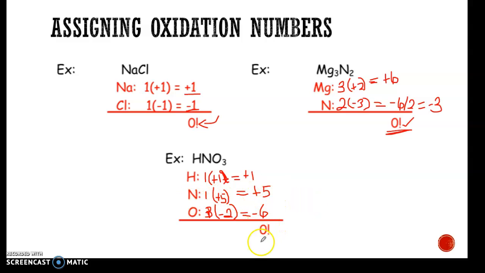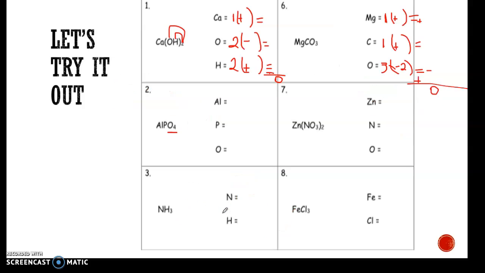Now, the total oxidation state for the compound is 0, because +1 plus 5 plus -6 would give us 0. Alright. So the goal is to always try to make sure that the total compound's oxidation state is 0 while finding out the element's individual oxidation states.